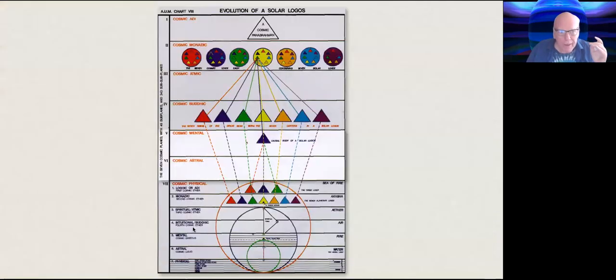Most probably the energy descending from the cosmic mental plane activates the logoic astral head center as well as its astral heart center. There's no information about this, but it just follows that this is very likely the sequence. Since desire on the cosmic astral plane demonstrates as pure love, and of course our solar logos is a second-ray logos.